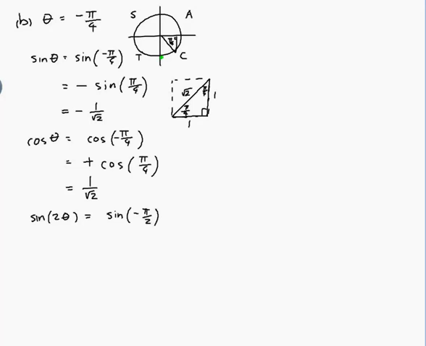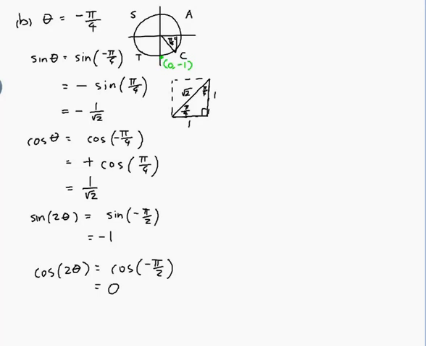So I'm just going to draw in the coordinates of that point. That point would be 0 on the x-axis, minus 1 on the y-axis. So, sine is the y-coordinate of that point, so it must be minus 1. Cos 2 theta is cos of minus pi on 2, which is the x-coordinate of that point, which is 0.